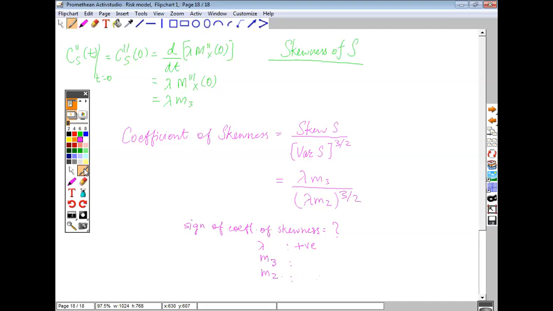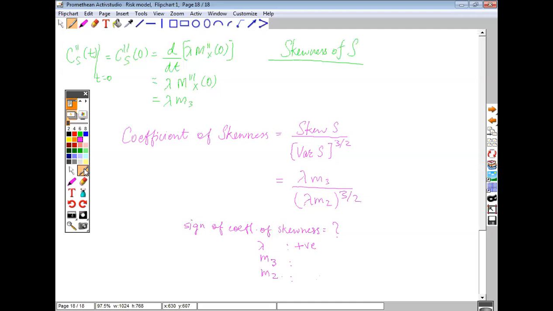M2 minus M1 squared is variance, right? Oh, right, M2 is just expectation of x squared. If M2 is expectation of x squared, it has to be positive then, right? Why? Because it's a square, right?